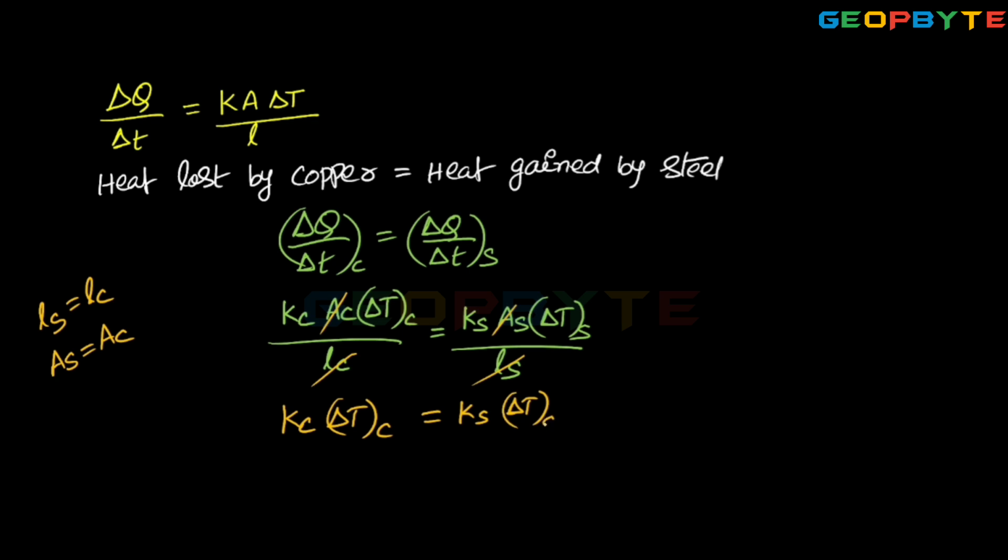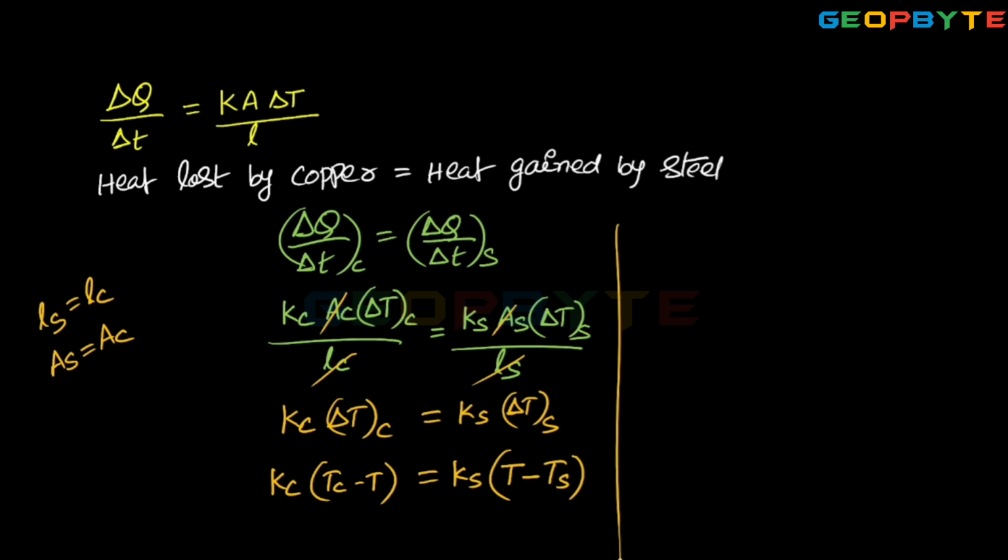Here, the copper temperature is dropping from its temperature, that is 100 degrees centigrade, to T. Therefore, Kc into Tc minus final temperature of the copper equals Ks into temperature of the steel rod, which is increasing. Therefore, final temperature of the steel rod is more compared to its initial temperature.